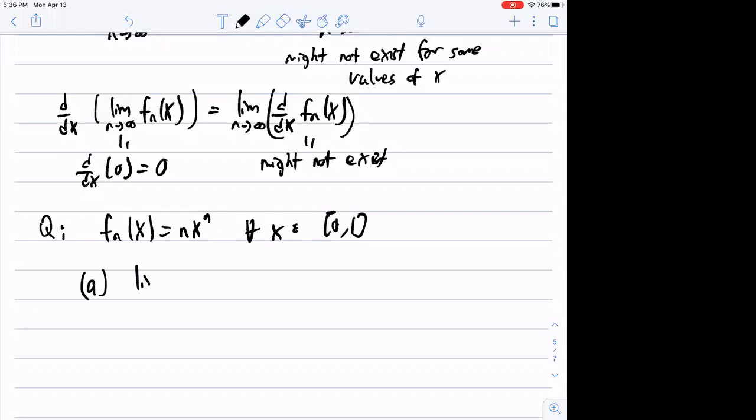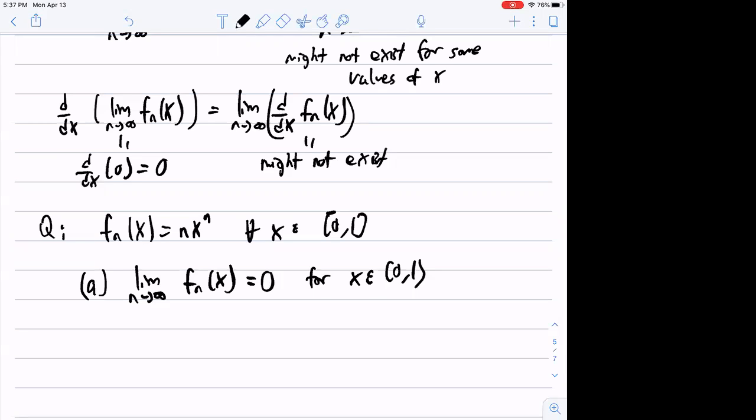So certainly the limit as n goes to infinity of fn of x is 0 for x in [0, 1), and then it diverges for x equals 1. But for any number between 0 and 1, the limit's 0, because you're taking powers of numbers between 0 and 1. Like I said, 1/2 squared is a fourth, 1/2 cubed is 1/8, and so on.